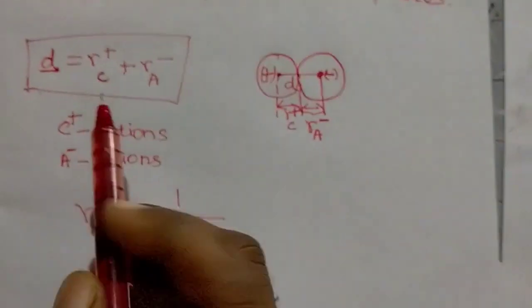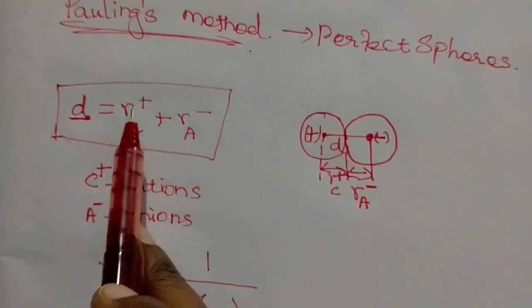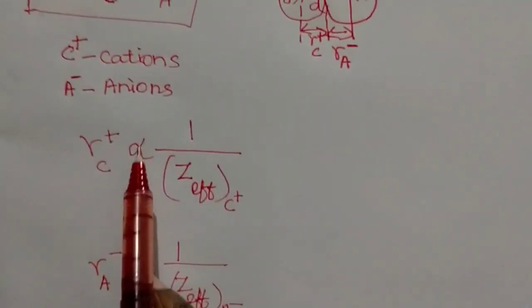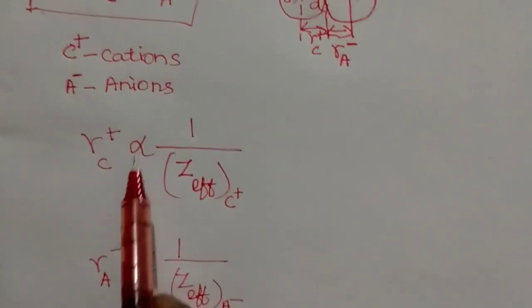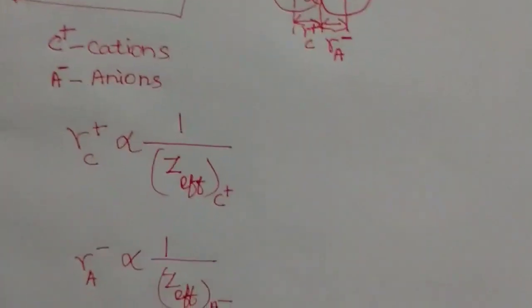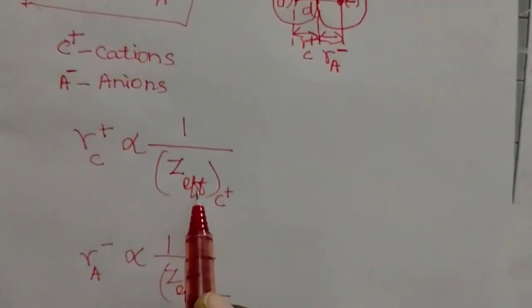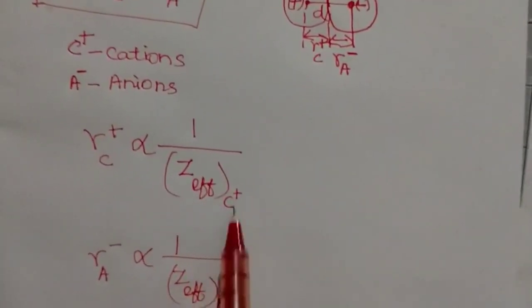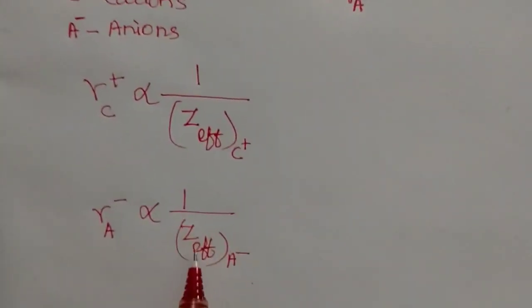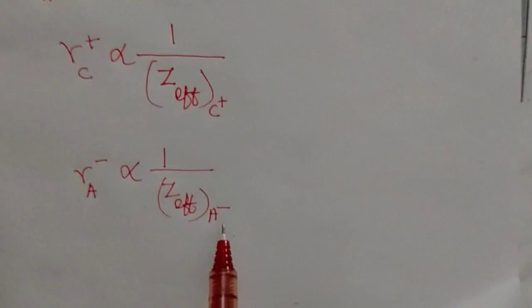So he derived one equation: D is equal to Rc+ plus Ra-. Rc+ is inversely proportional to 1 by Zeff C+, and Ra- is inversely proportional to the effective nuclear charge of A-.